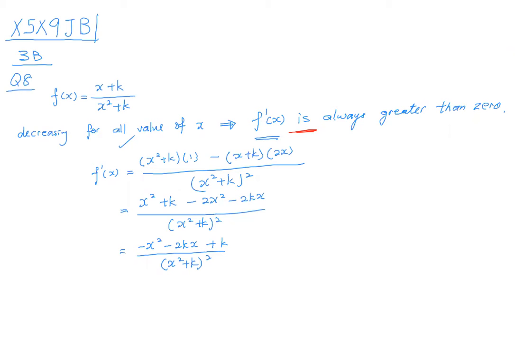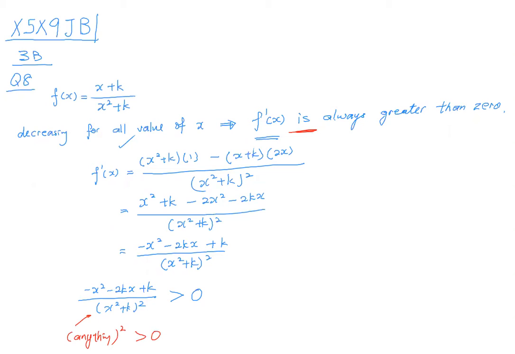So negative x squared minus 2kx plus k divided by (x squared plus k) squared must be greater than 0. We know that the bottom, anything squared, is definitely greater than 0.